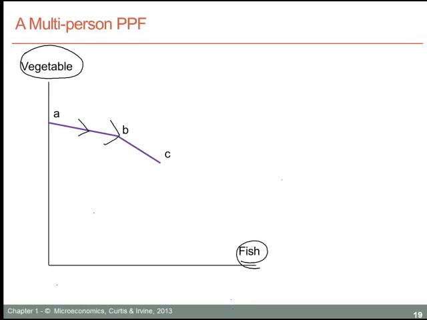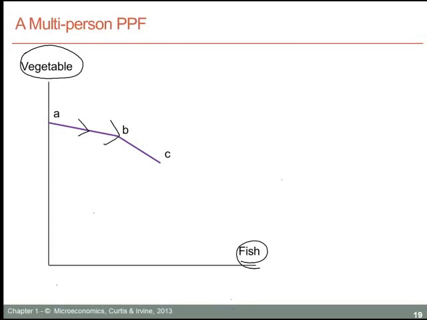But when we use the second individual, we do get more fish as a result of reallocating that person's time away from vegetable and towards fish. We don't get quite as much fish for every unit of vegetable less that the second individual produces compared to the first person, and the slope of the segment BC indicates the additional amount of fish that will be made available as a result of producing less vegetables.